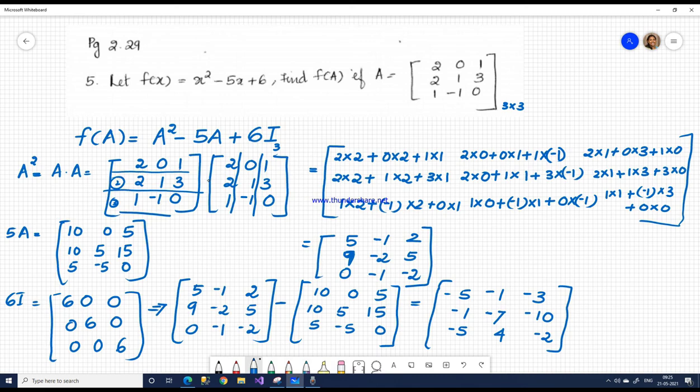Okay, so minus 7, 5, minus 1, minus 3, minus 1, minus 7, minus 10, 5, minus 5, 4, minus 2. Then we are adding with the 6. So 6, 0, 0, 0, 6, 0, 0, 0, 6.